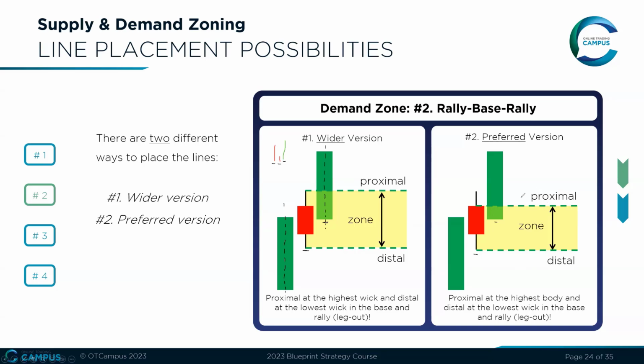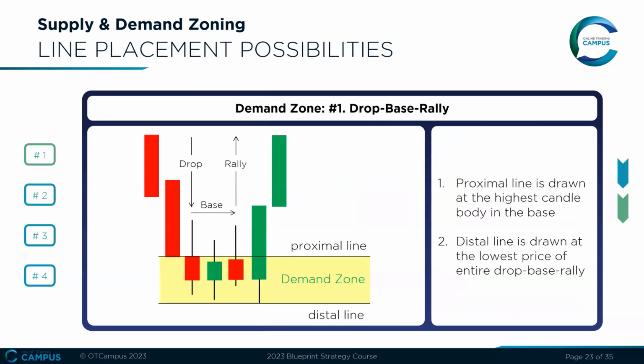However, now as we try to make the zone smaller, we're going to use the upper body rather than the upper wick to place our proximal line. Now, here you can see what would happen if your leg out had a longer bottom wick than the base. We would cover ourselves with that long wick of the leg out, right? See the difference here?